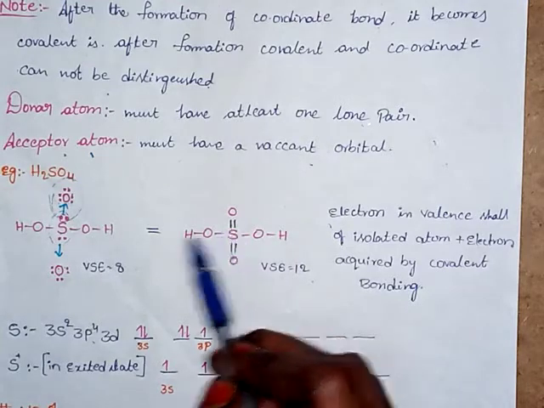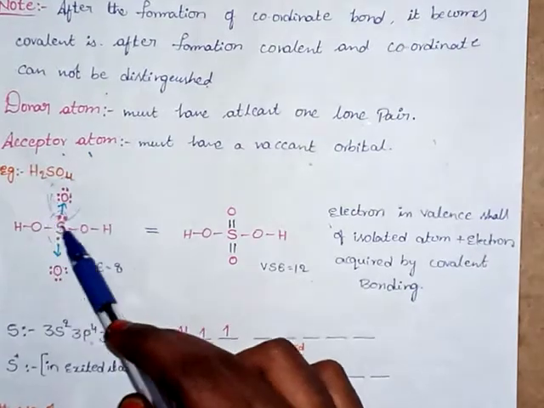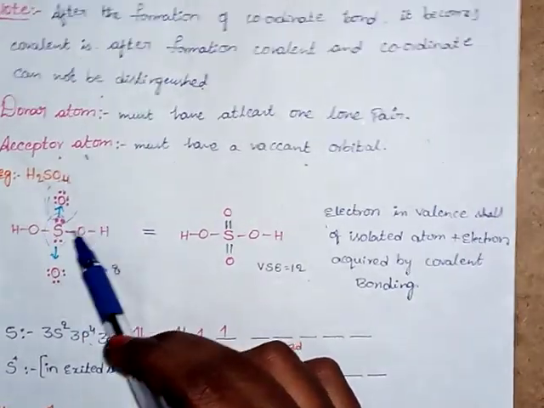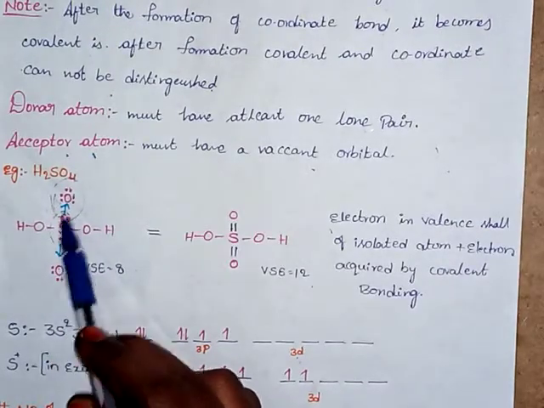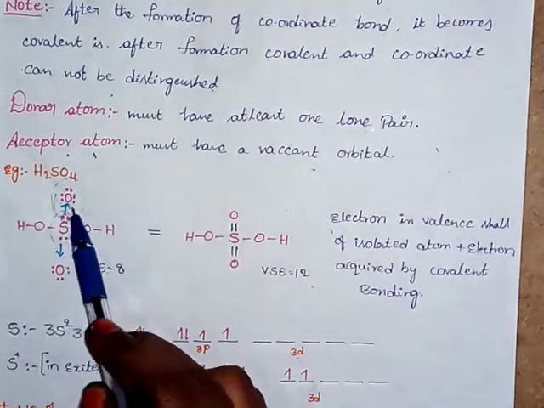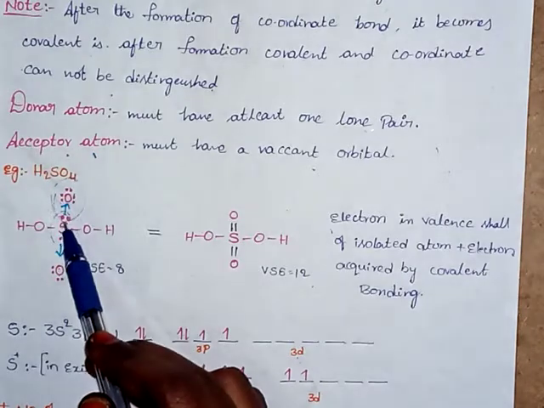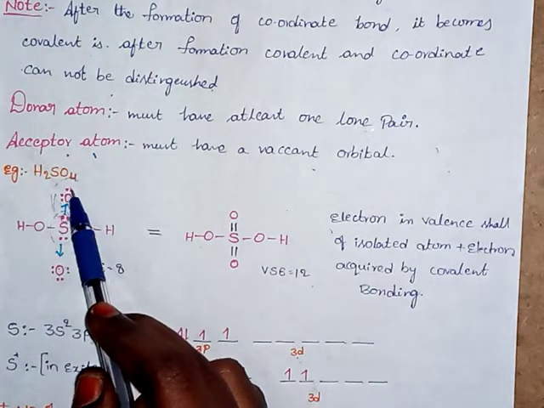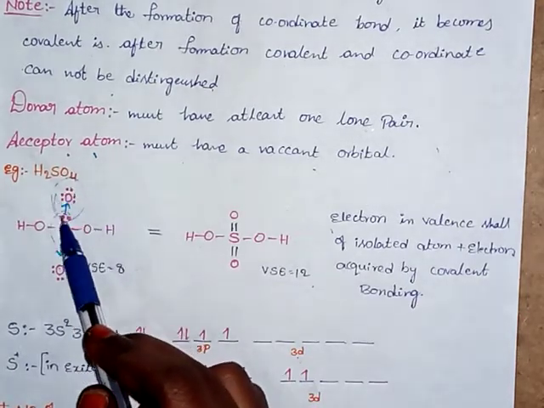So this is the way to understand that oxygen has completed its octet, and sulfur also has completed its octet. See here, oxygen 1 2 3 4 5 6 7 8. Sulfur has 8 electrons, it is satisfied now. And if sulfur gives one lone pair to this oxygen, it will satisfy the octet rule, 1 2 3 4 5 6 7 8.